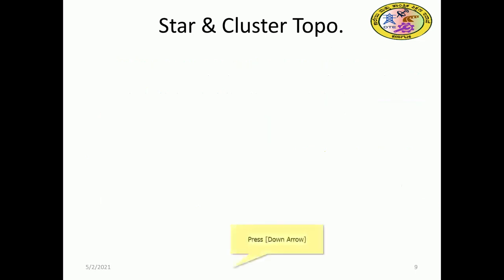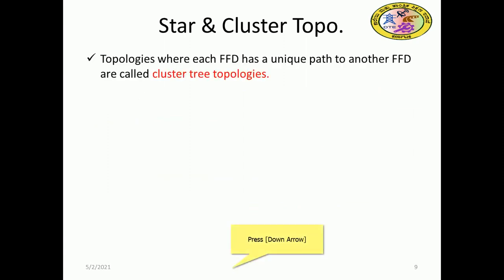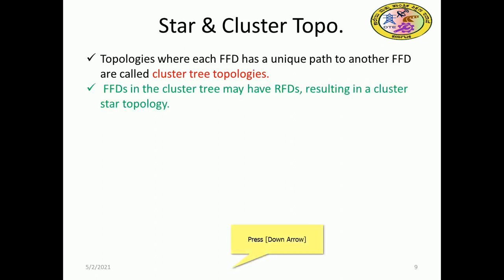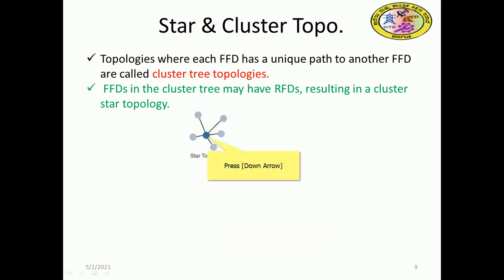So that is a cluster topology. For discussing topology, where each FFD has a unique path to another FFD, it is called a cluster tree topology. So FFDs in a cluster form a tree with RFDs, resulting in a cluster star topology. So it forms a cluster.